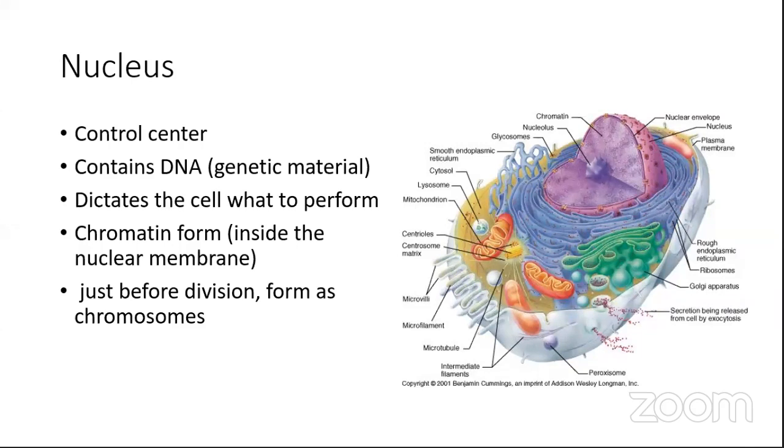You know very well, a human somatic cell contains 23 pairs of chromosomes. That means the total number in somatic cells is 46. 23 pairs means two sets, one set from the mother side, one set from the father side. Okay, these are all related to the nucleus.